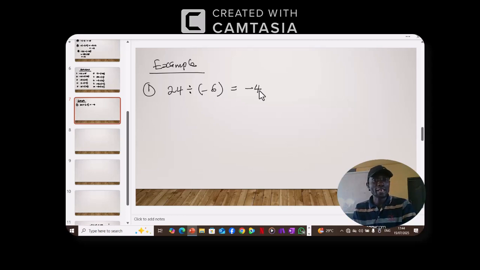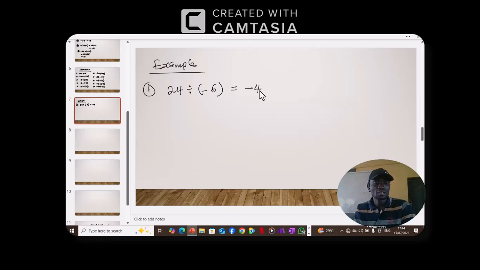Don't write 4. It's not 4, but minus 4. You need to understand it. When you are dividing two numbers that have opposite signs, if one is positive and the other is negative, your answer must be negative.